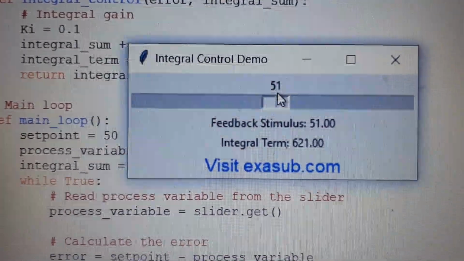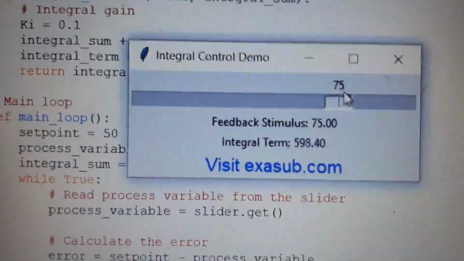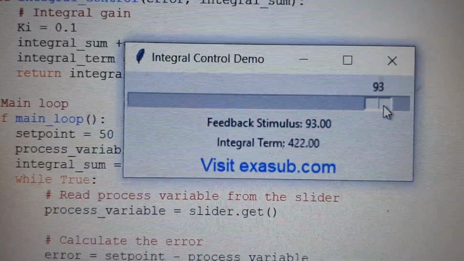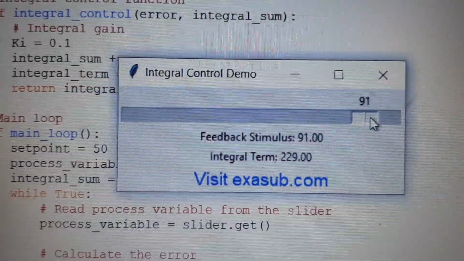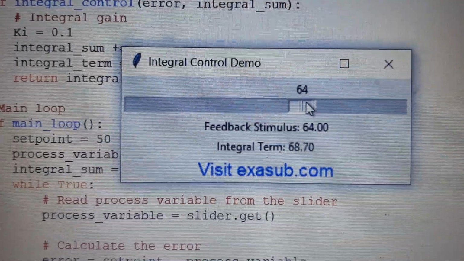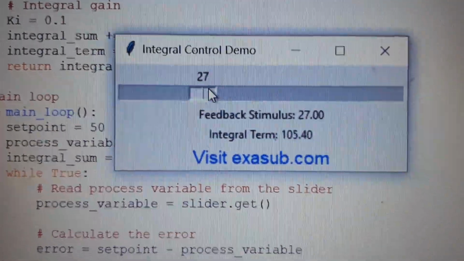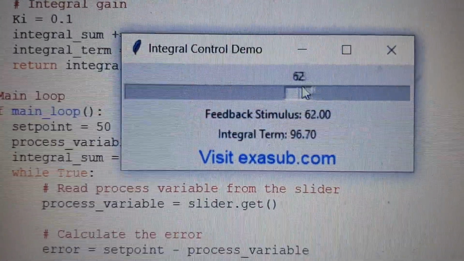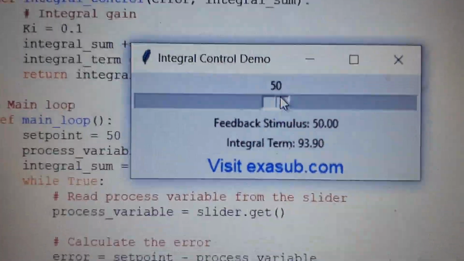So it will be running, it will go past 50 and reach somewhere around here, and it will stay there until the integral term becomes negative, and it will go back towards the 0, and then it fluctuates between here and there until it reaches the position 50.